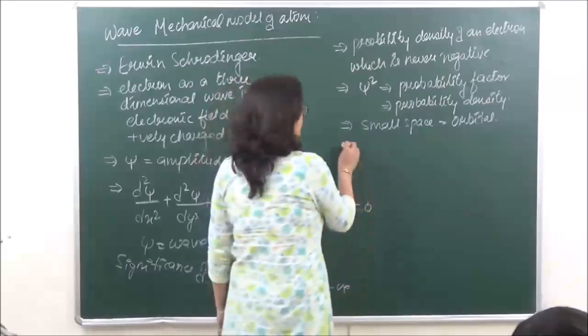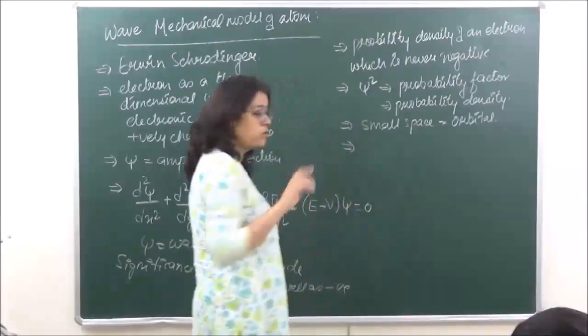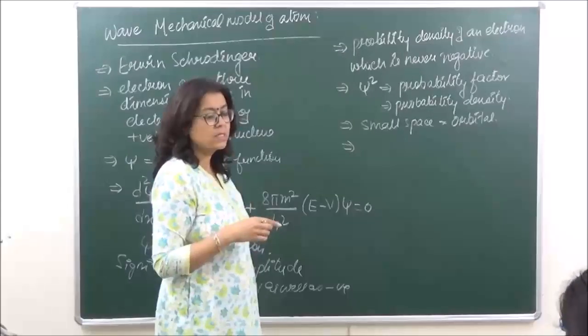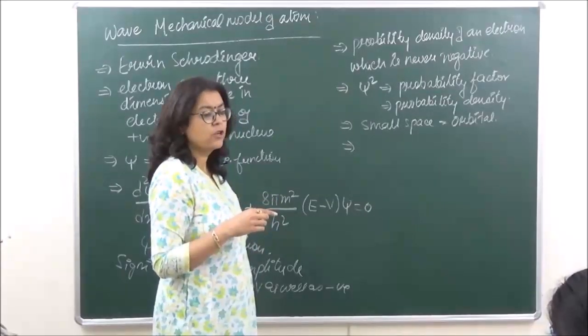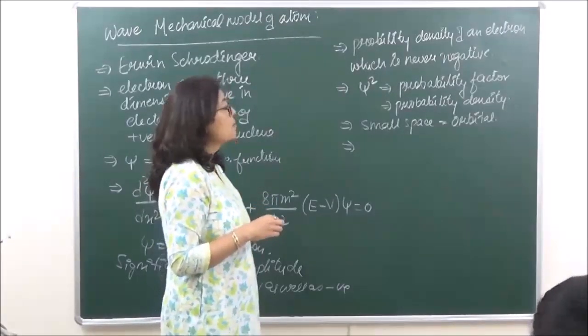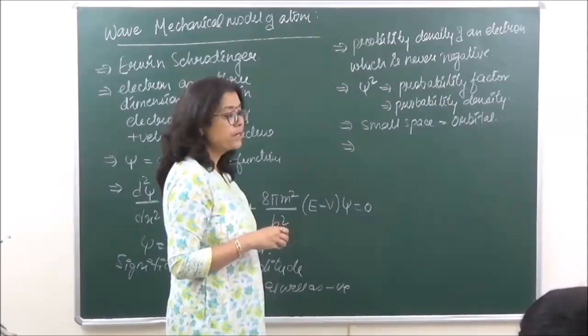So what is an orbital? Bohr suggested orbits, which were elliptical paths on which the electron was revolving around the nucleus, but Schrödinger gave us the word orbital.